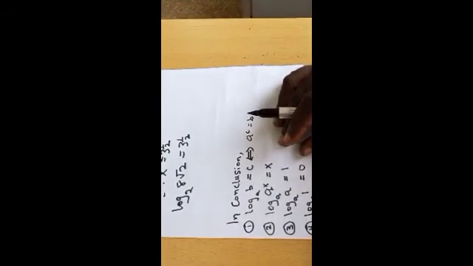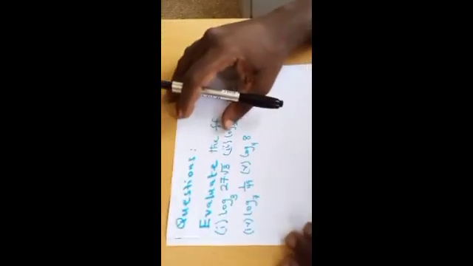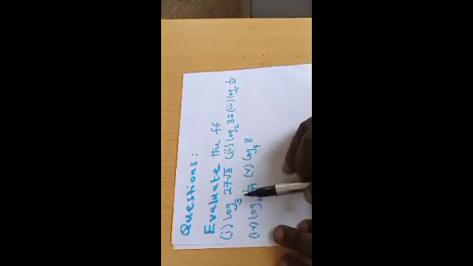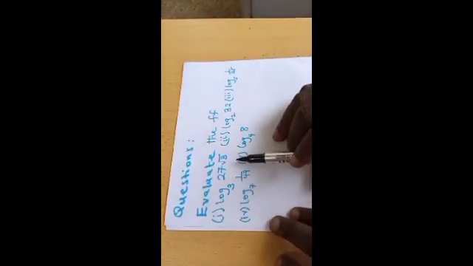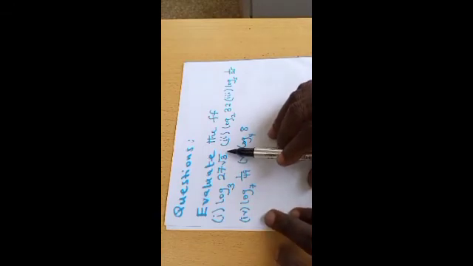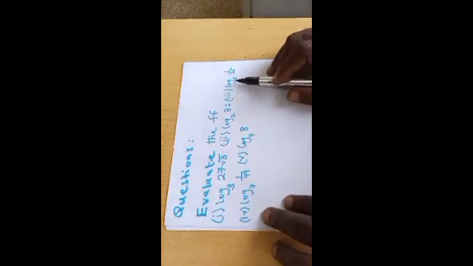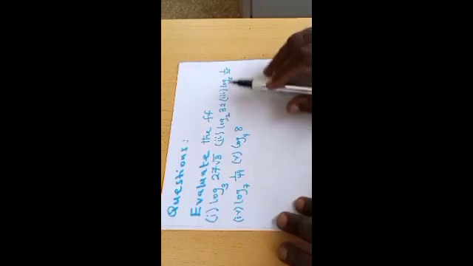Now let's quickly answer the following questions over here. The first one, evaluate the following. I, log base 3 of 27 root 3. II, log base 2 of 32. III, log base 5 of 1 over 25.